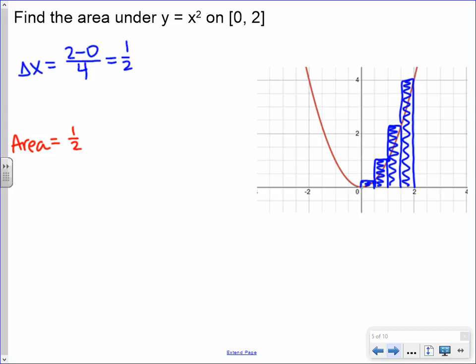You'll be able to maybe just make this into like a one equation question, okay? But we're going to break it down. So this first rectangle right here has a width of 1/2, and we're going to use the function value of 1/2 to get our height, because that's on the right side of the interval.